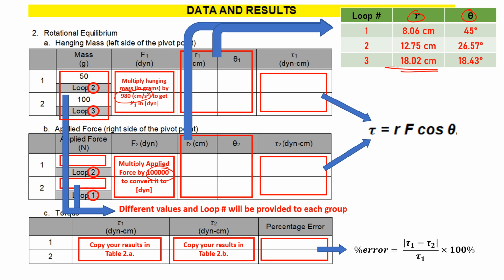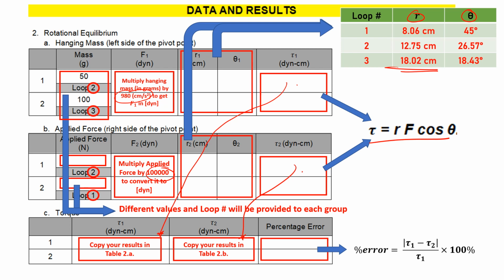Compute for torque 1 and torque 2; the formula is R multiplied by F cosine theta. Whatever the reading for the first table, you just copy that on the third table, and also the torque data from the second table, you copy to the third table. After that you compute for the percentage error.